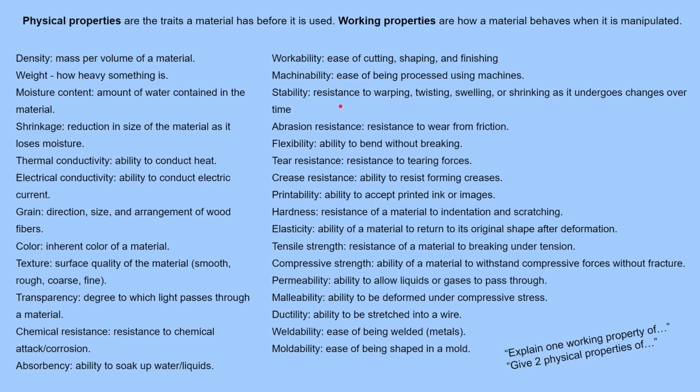Then we have working properties, so stuff like workability, which is how easy it is to cut, shape, finish, or even carve that material; machinability, the ease of being processed using machines; stability, so a lot of manufactured boards are quite stable, they don't warp or twist easily; abrasion resistance, flexibility, tear resistance, grease resistance, so these are more in textiles or papers and boards; printability, so the ability to accept printed ink or images.